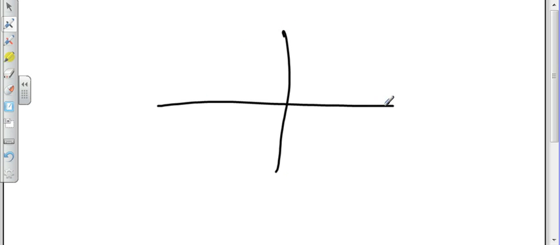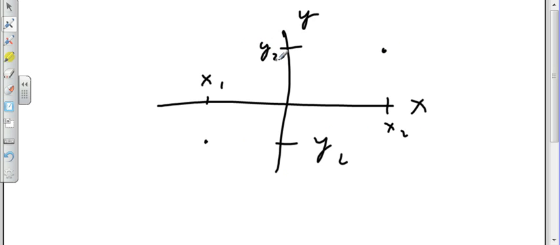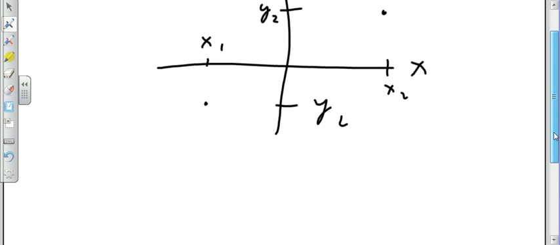So I've got some line, I have some XY plane, and I have some point X1, Y1. And I got some other point X2, Y2. And what I want to do is find the midpoint.